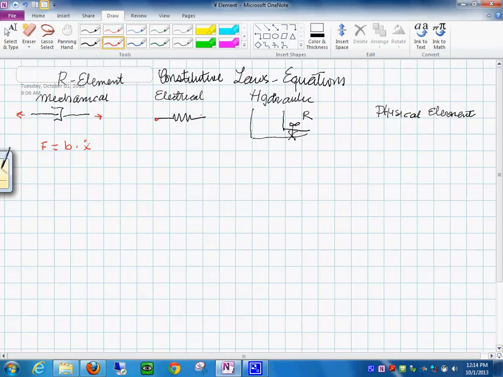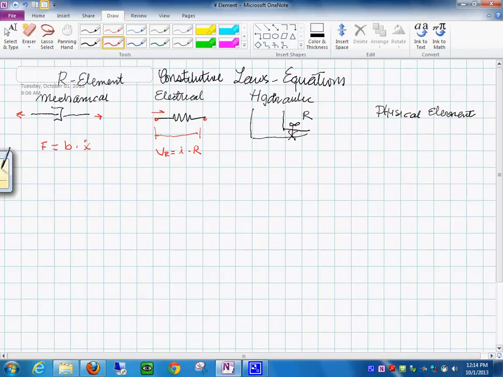If there is a voltage across these two elements, like in a circuit, then you have that voltage of the R element, or V, is equal to the current I times the resistor.